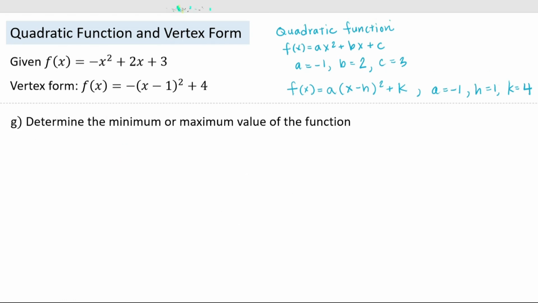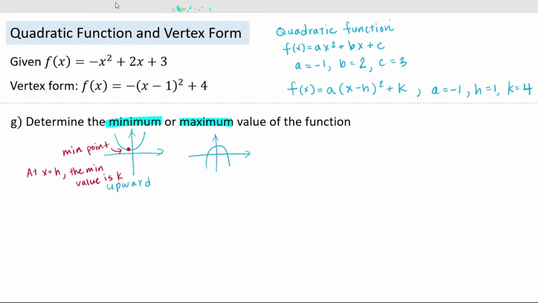Let's determine the minimum or maximum value of the function. If the parabola opens upward, then the vertex is the minimum point. If the parabola opens downward, then the vertex is the maximum point.